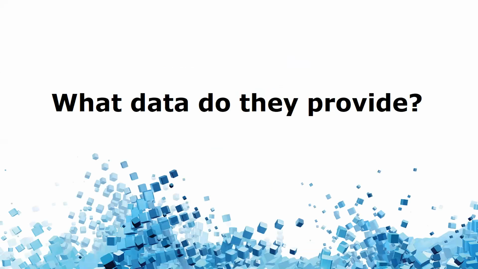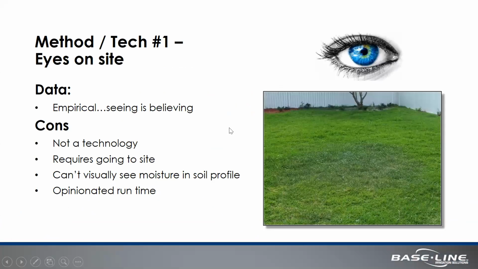So as we look at these different methods or technologies, what data do they provide to the end user? If we look at the first method, which is eyes on site, that really gives the user empirical data as to what is happening with the landscape aesthetically. Seeing is believing, and being able to recognize when a stand of turf requires irrigation in order to retain its aesthetic value, that can be a very effective way to conserve water.